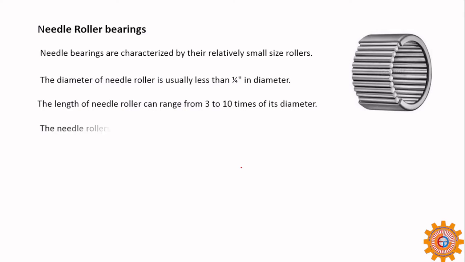Needle rollers are located directly between the shaft and the outer bore. You need not have any bushing or outer race, nothing. The bearing is there, the journal or shaft is there, and in between we simply put needle rollers.